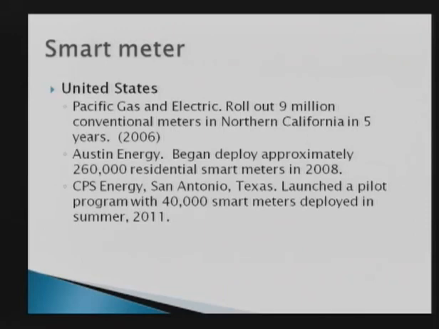The plan was for 5 years, so I guess it has already been finished now. And Austin Energy, the nation's 9th largest community electricity utility, also wants to deploy about 2,600,000 smart meters. And to see something closer, there's an example in CPS Energy, where there will be about 40,000 meters.